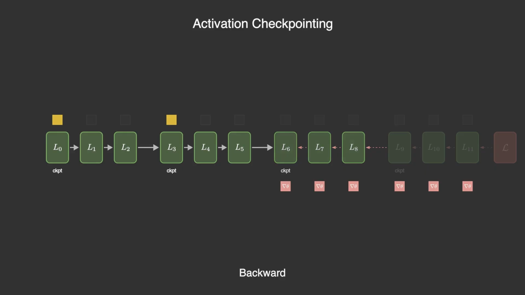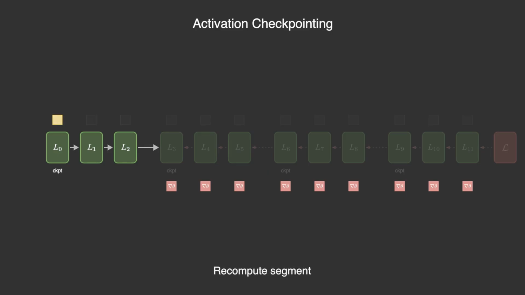So peak memory stays proportional to one segment size plus the other checkpoints. So finding the right number of segments is actually key. The result is mathematically identical to standard propagation, same gradients, it's just computed differently. And with all gradients accumulated, we update the parameters as usual.